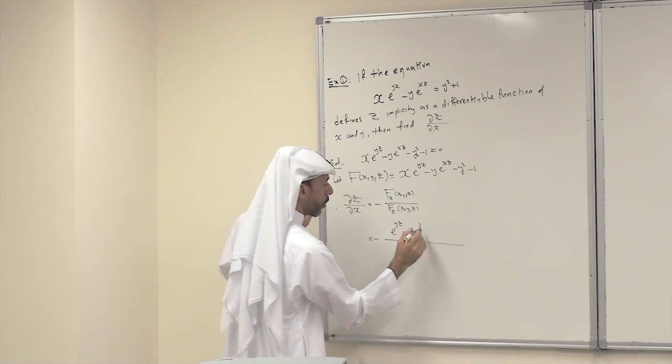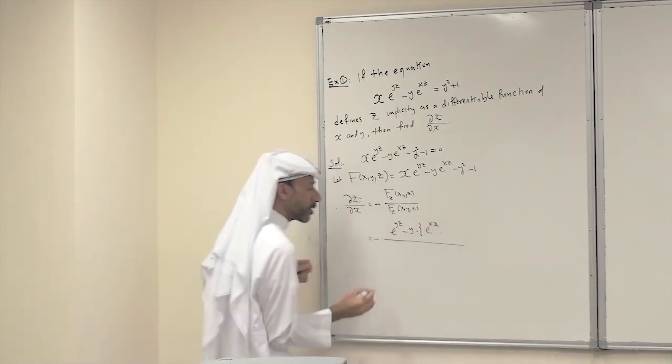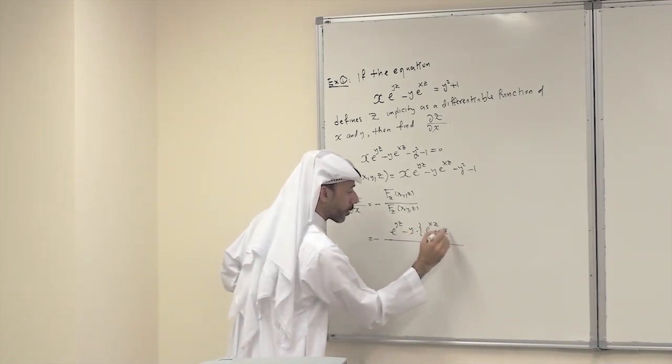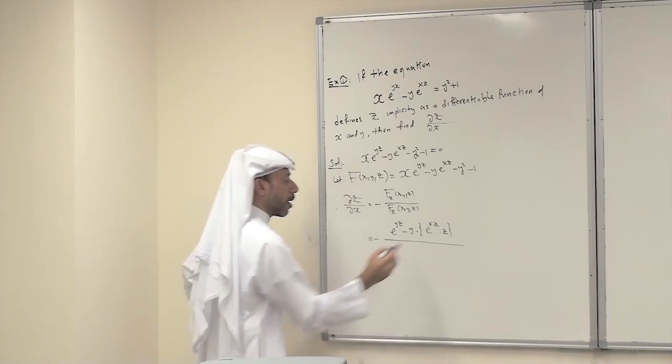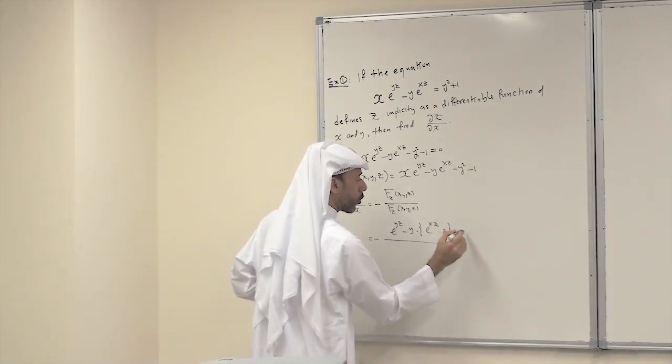So this becomes e^(xz) times the derivative of xz with respect to x, by the chain rule, which is z. Minus the derivative of this last term with respect to x, which is 0.